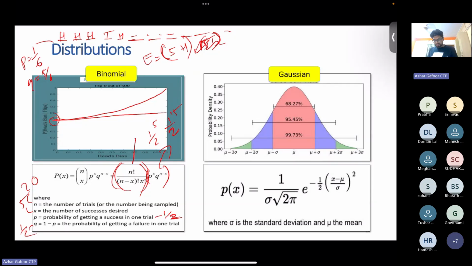So that's where we use the Gaussian or normal distribution, where mu is the mean and sigma is the standard deviation. So this is the formula of a normal or Gaussian distribution. We always have to remember that in Gaussian distribution, the probability is given for a range. So we'll see how we'll find that.